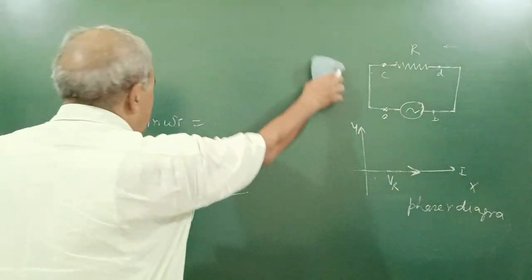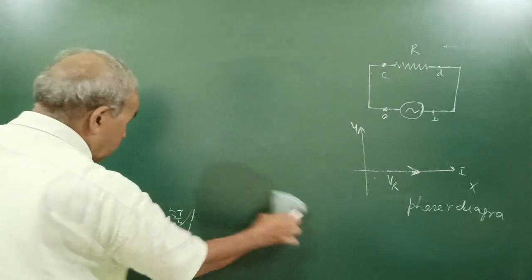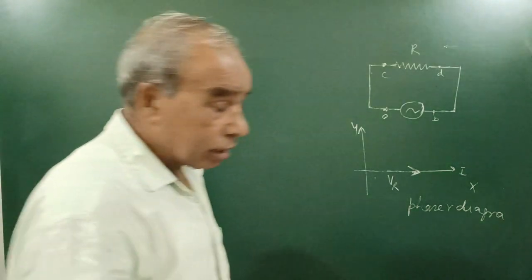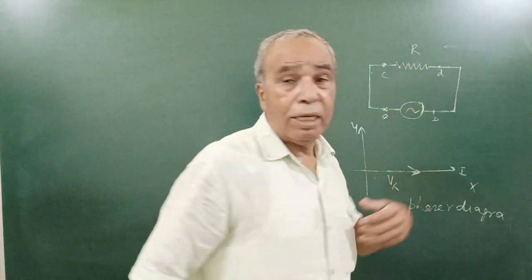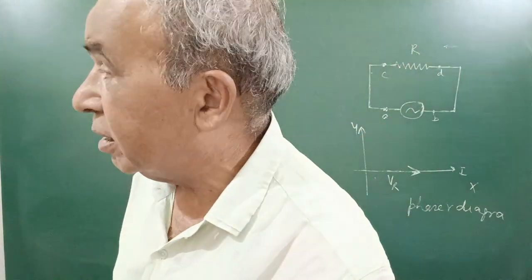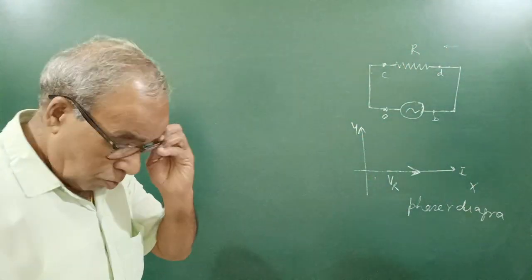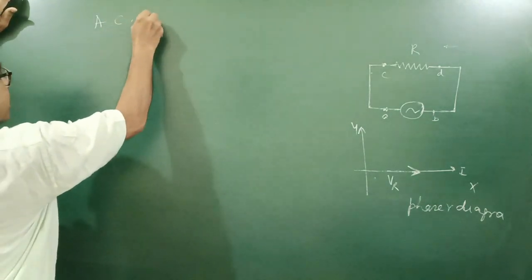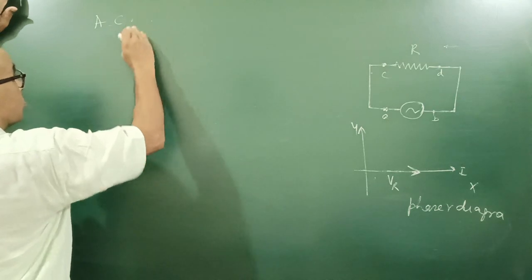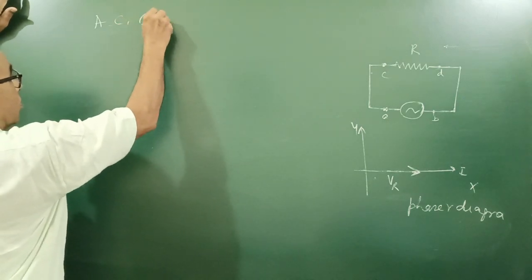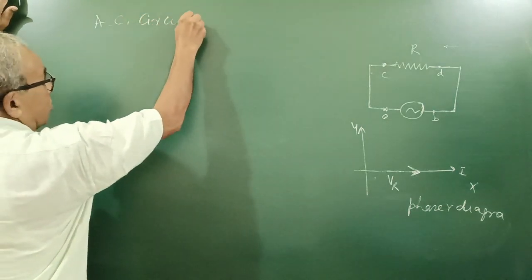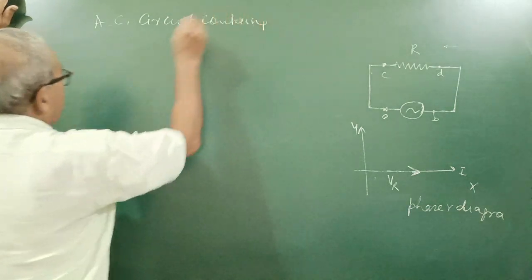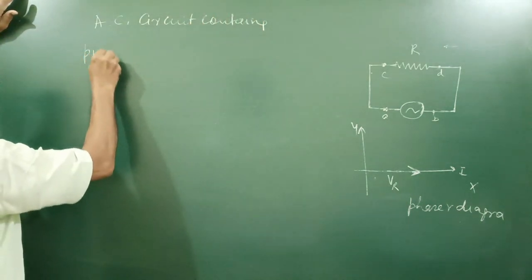In the case of a circuit containing pure resistance, conductor. Actually a conductor here is called resistance. We start saying resistance. Now I write the heading: AC circuit containing pure inductor.